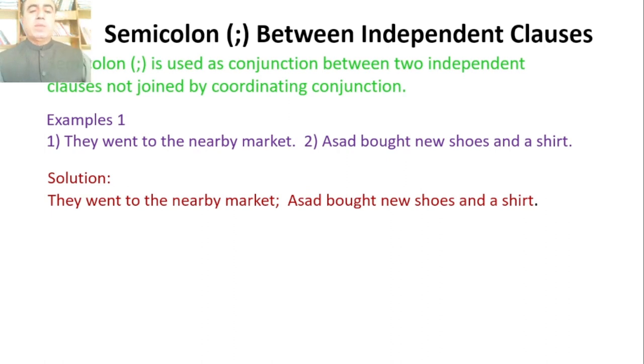They went to the nearby market; Asad bought new shoes and a shirt. What is the difference? We have replaced this full stop by a semicolon, and we have put sentence 1 and sentence number 2 together into a single sentence, and the full stop is placed at the end of the second part. In this way, our language becomes effective and there is flow, there is continuity.